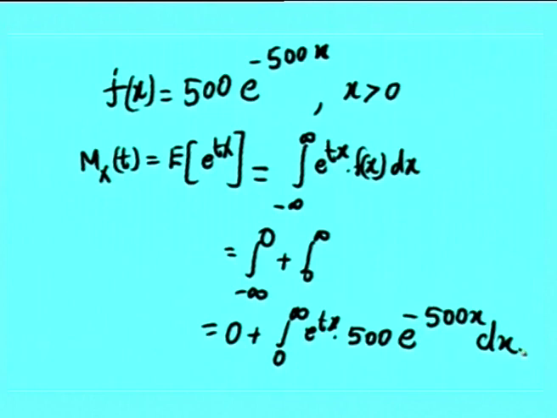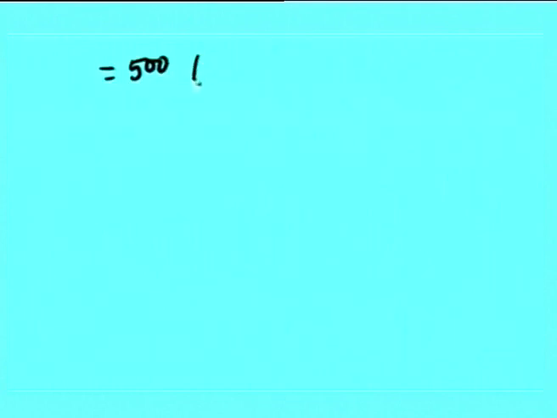We have to integrate this. How to integrate? It is equal to integral 0 to infinity. I shall make the integration compatible for this, which is equal to 500 into integral 0 to infinity e power minus 500 minus t x dx.